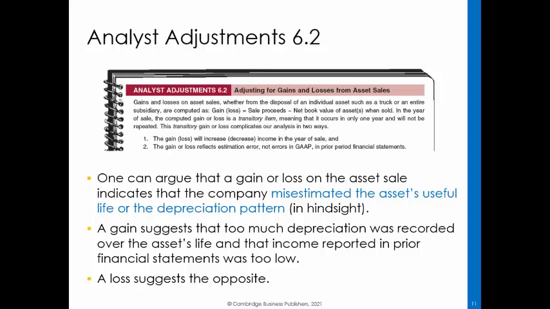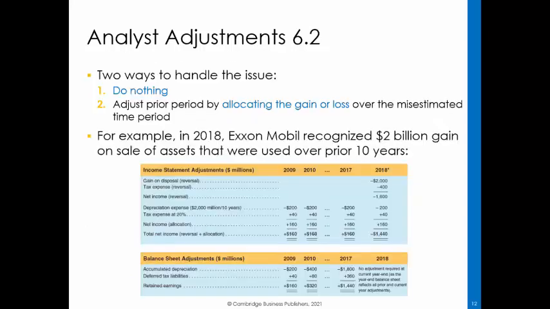In the year of sale, the computed gain or loss will increase or decrease net income, and the gain or loss reflects estimate errors, not errors in GAAP in prior period financial statements. A gain suggests that too much depreciation was recorded and that income reported in prior financial statements was too low. A loss supports the opposite.